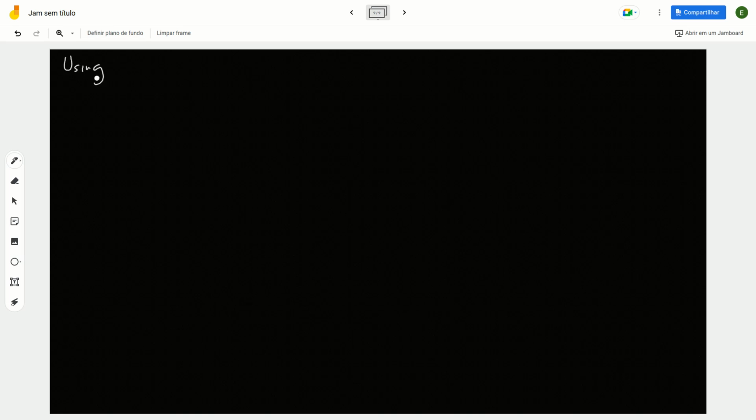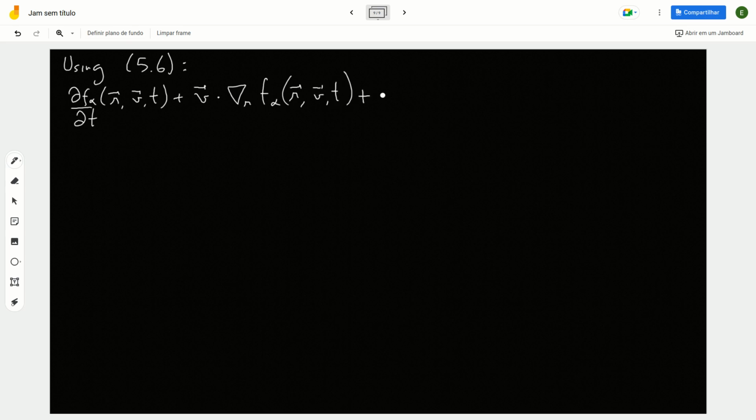Using 5.6, I say that del f del t plus v dot nabla r f(r, v, t) plus a dot nabla v f(r, v, t) is equal to 0.